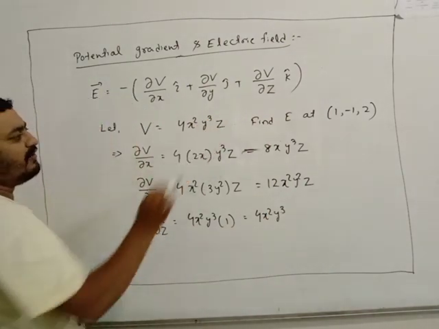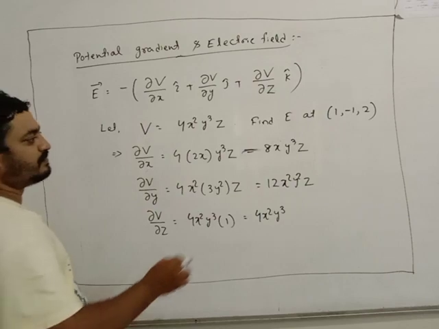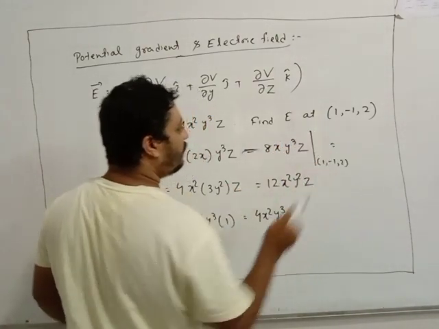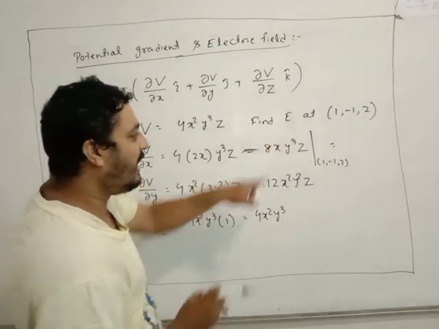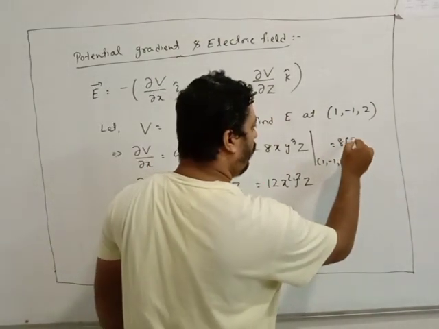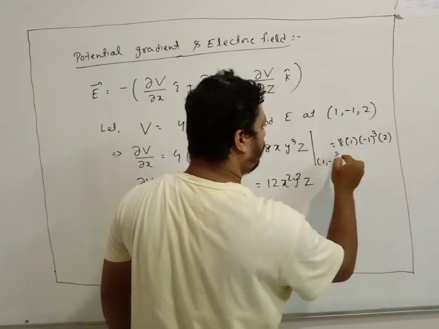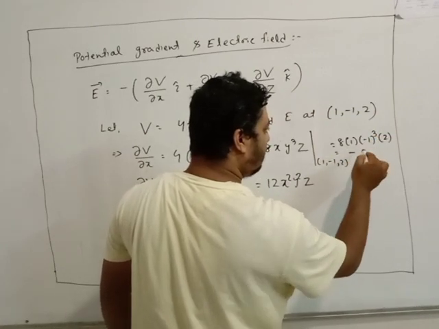Now, if we substitute the points at 1, -1, 2, it will be 8 into 1 into -1 cube into 2, which is equal to -16.